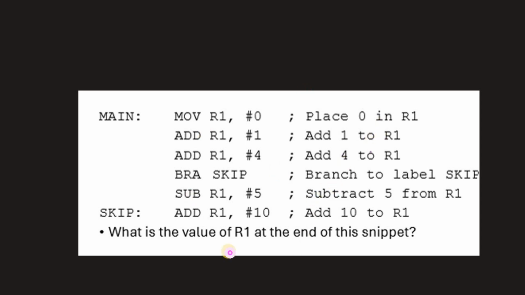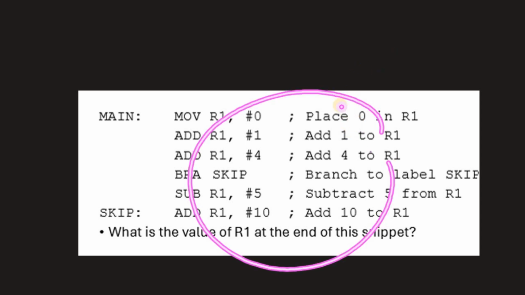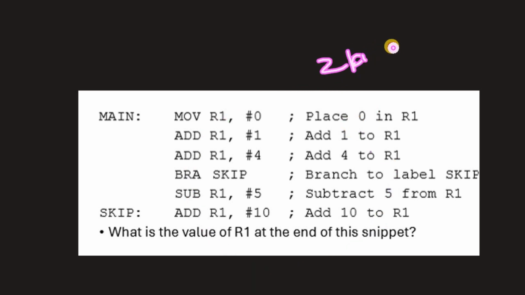For example, let's assume in this example each instruction is 2 bytes. If each instruction is 2 bytes long, then the assembler will compute an offset of +2 over here. This is going to produce an equivalent expression of a branch with an offset of 2.